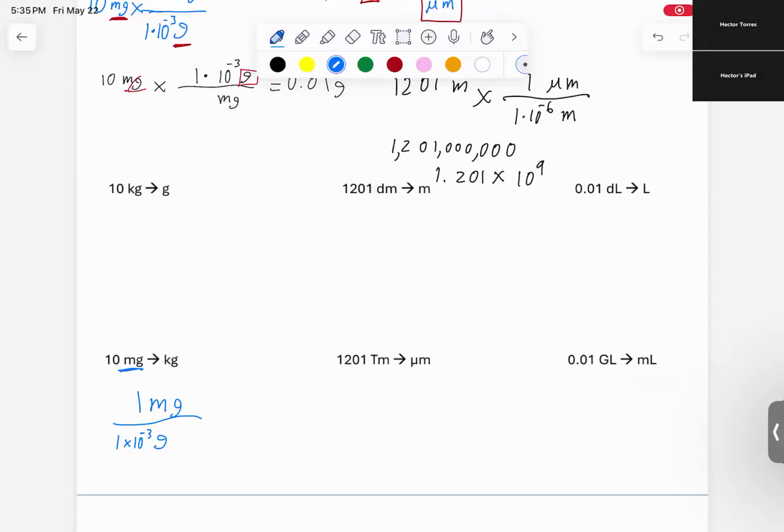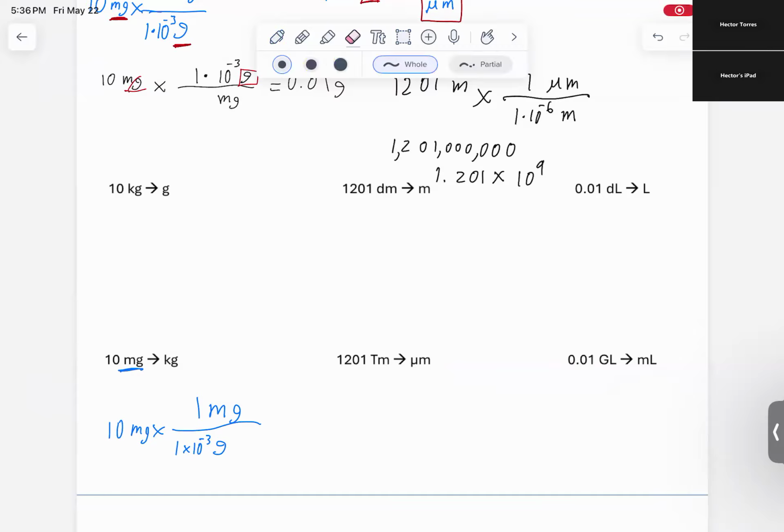Okay. However, just like everything else, we're going to put it 10 milligrams. Okay. And we can see again, we have it upside down. So we need to fix this. We know it doesn't quite work because we have grams here, we have milligrams here. They're not going to cancel out. So we just flip this around.